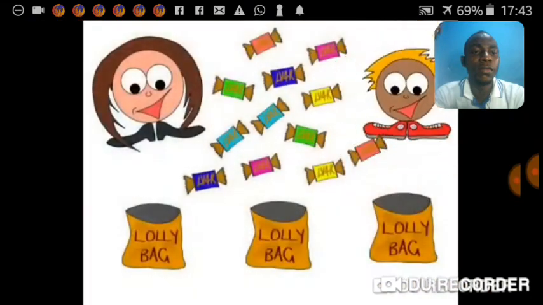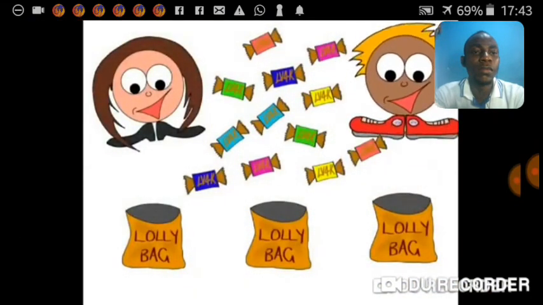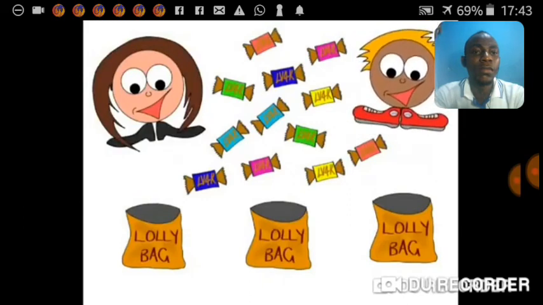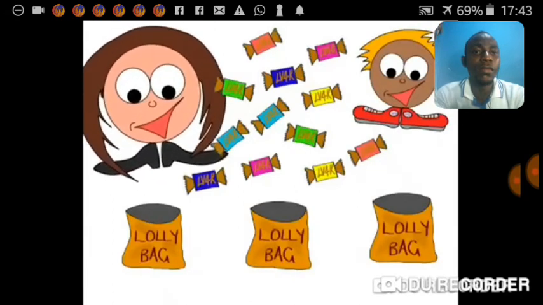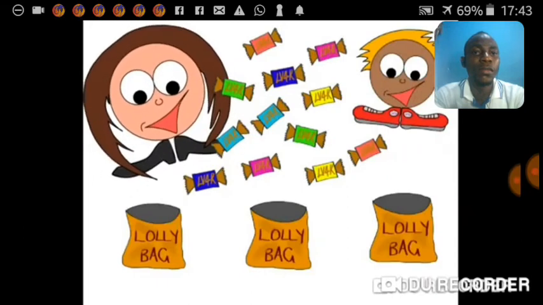Oh, Mummy, can you please help me? I've got all these lollies and lolly bags, and I need to share them for my party that is coming up. Oh, darling, that's easy. I'll show you how to do it. The most important thing to remember is to make it fair. Let's count your lollies.